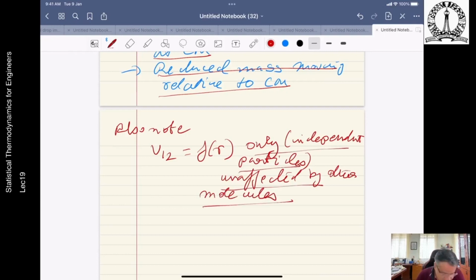So this is basically the potential energy. Okay. So now what we need to do is separate the external and the internal modes.